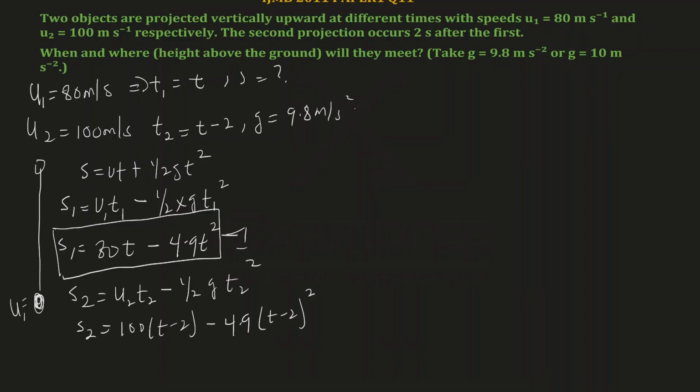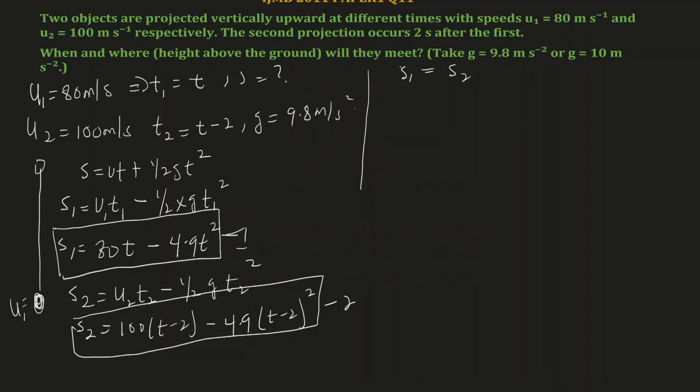We cannot solve further from here also. I'll write this as equation 2. Now, where they meet means that their two distances must be the same. That is, s1 must equal s2. So let's equate s1 and s2.